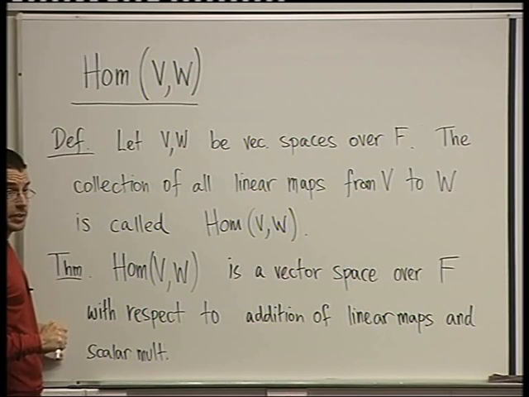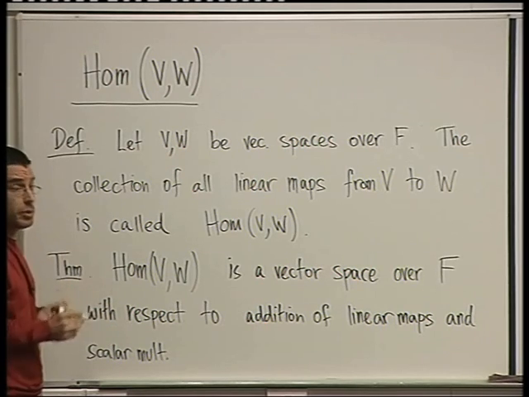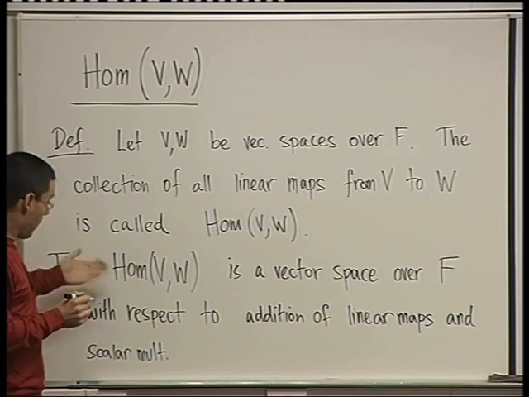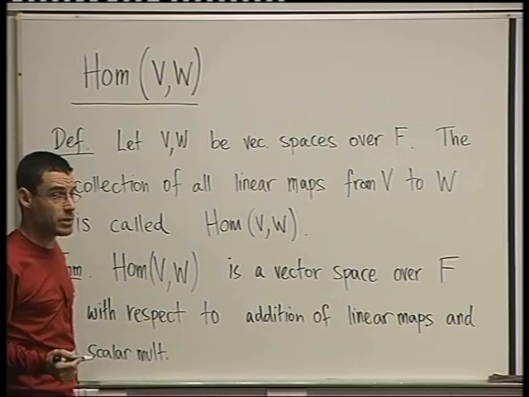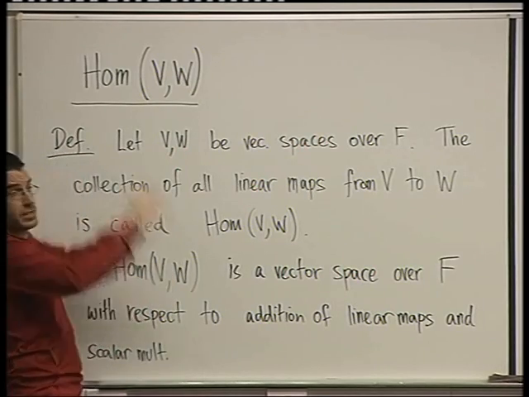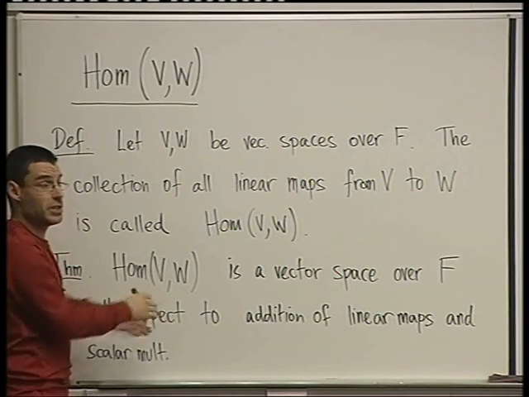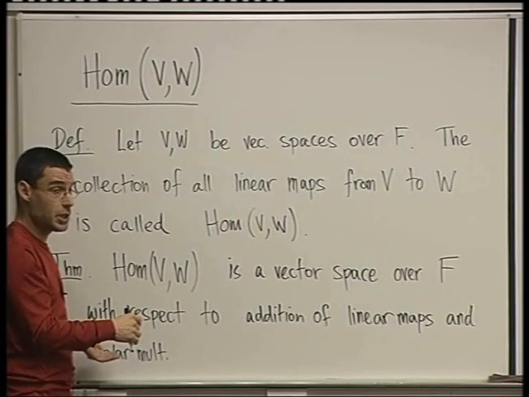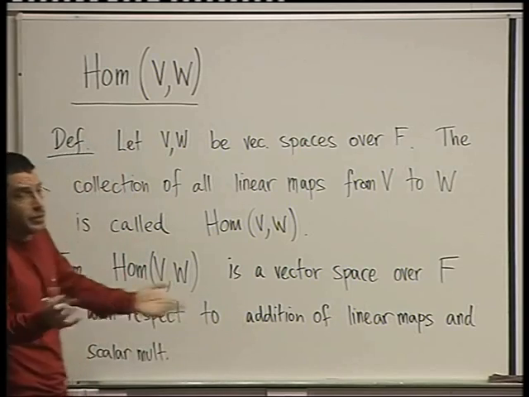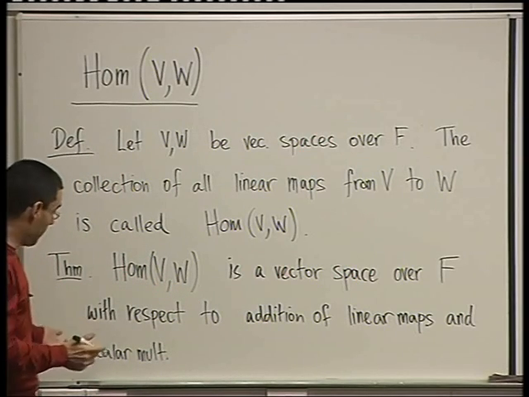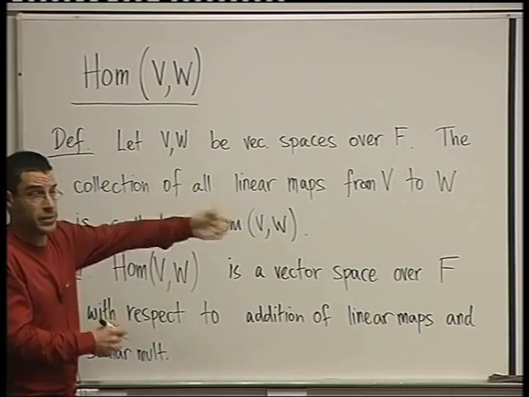I'm not going to do it. It's tedious in a sense, but in fact it's very straightforward. What do we need to show? Well, there was a list of axioms of what it means to be a vector space. And this is not a subspace of some bigger space where all we have to check is closure under addition and scalar multiplication. It's a new vector space with new operations. We just have to check all the axioms. So for example, if we do T plus S, is it the same as S plus T?